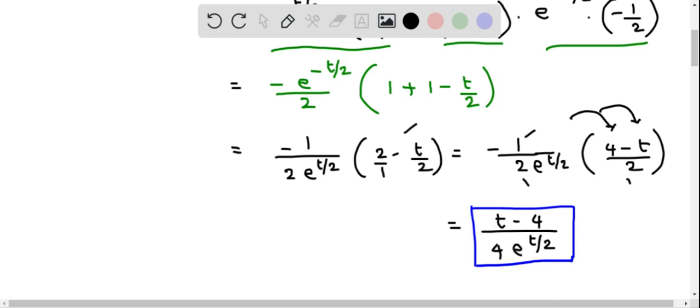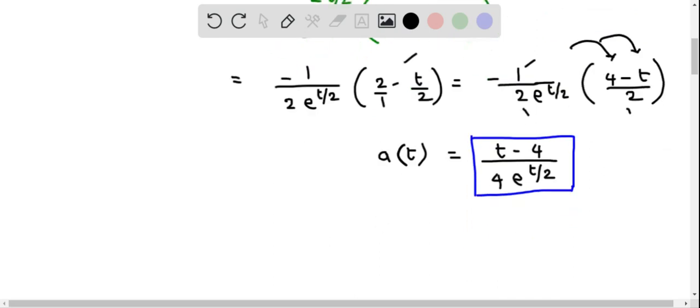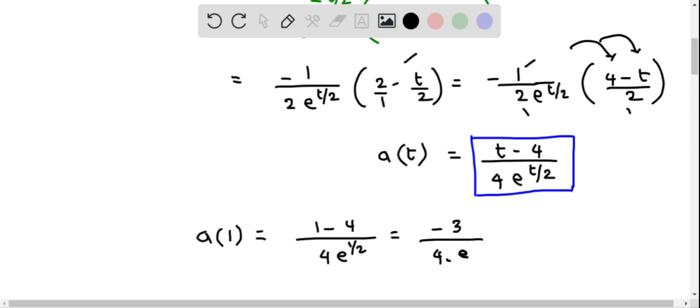Now using this, we can find the acceleration of the particle after 1 second. So we write a of 1, that is we plug in t equal to 1, and this equals 1 minus 4 divided by 4 times e raised to the power of negative 1 by 2. And so this equals negative 3 divided by 4 times root e.